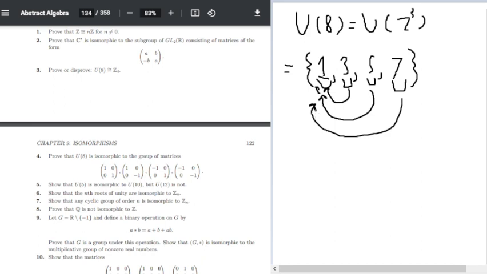And we have, for example, 1 plus 1 is equal to 2, not equal to 0. So in Z sub 4, we don't have every element being idempotent, that is, sent to our identity. But in U8, every element is idempotent. So we have that Z sub 4 is not isomorphic to U8.